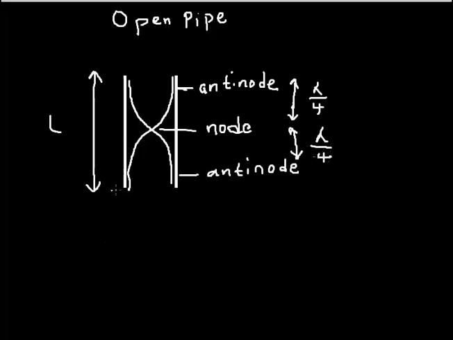So the entire length will be 2 quarter wavelengths, lambda over 4 plus another lambda over 4, and that should give us lambda over 2.